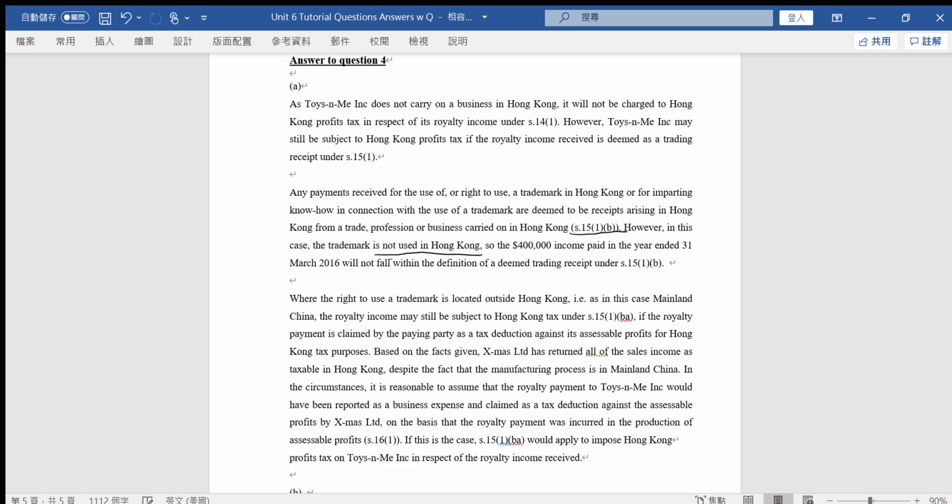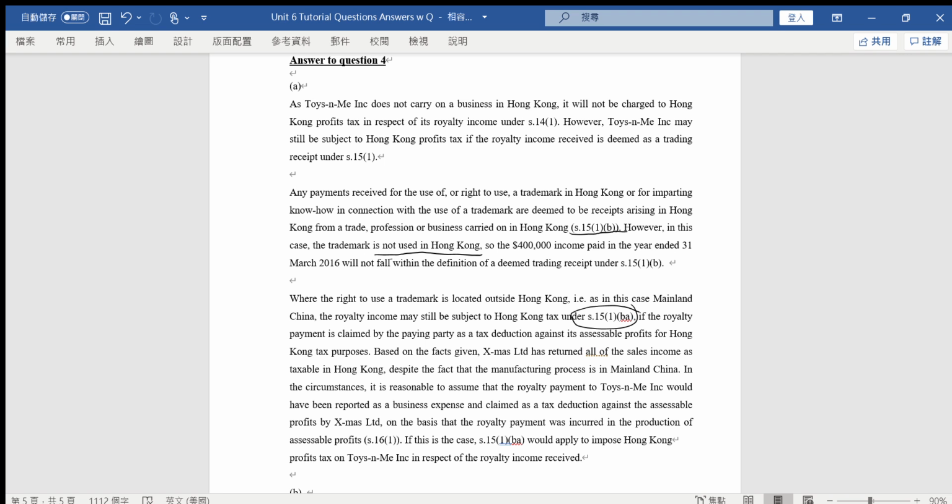But you will find that the Christmas company does not use the trademark in Hong Kong; it uses the trademark in China. Because of that, section 15.1B will not apply, and we will apply another one, section 15.1BA, which includes those patent rights being used outside Hong Kong also.